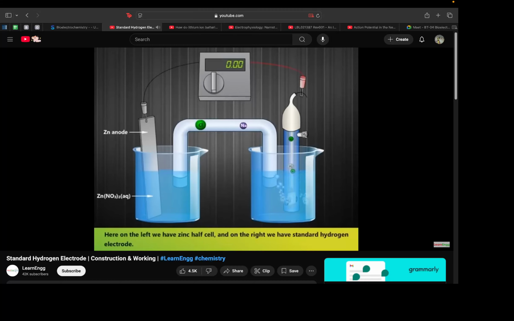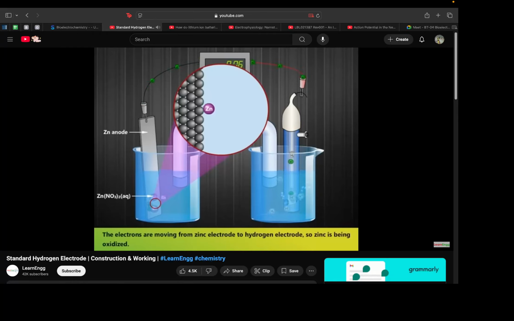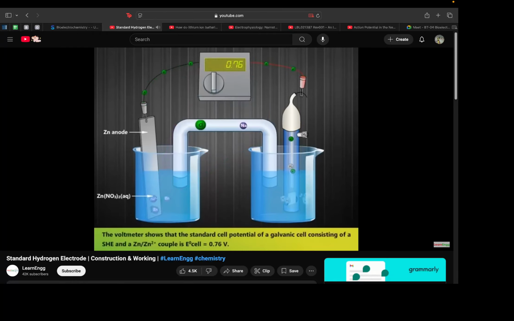Here on the left, we have the zinc half cell, and on the right, we have the standard hydrogen electrode. The electrons are moving from the zinc electrode to the hydrogen electrode, so zinc is being oxidized. The voltmeter shows that the standard cell potential of a galvanic cell consisting of a SHE and a Zn/Zn2+ couple, E cell, is equal to 0.76 volt.